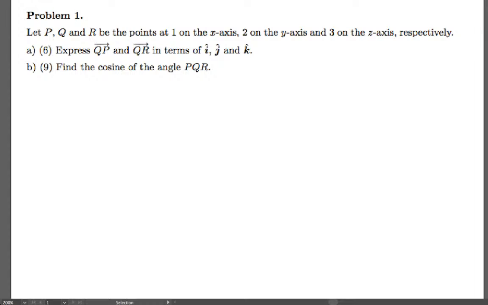You don't really need to draw things, but I will just draw it for you guys. So we've got the x-axis going this way, the y-axis going this way, and the z-axis going to the top there. Wait, no, sorry.